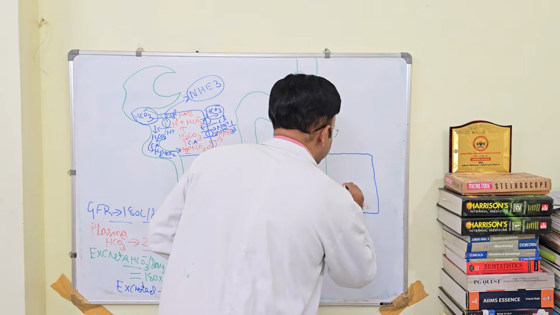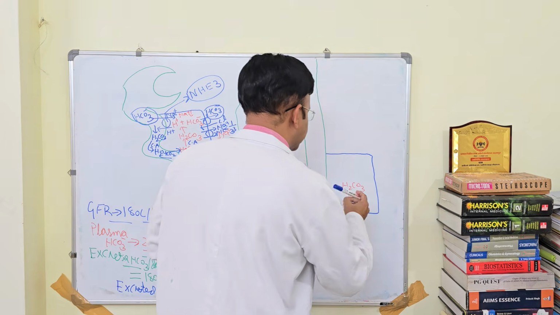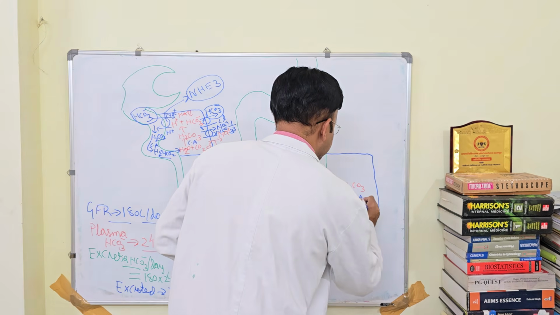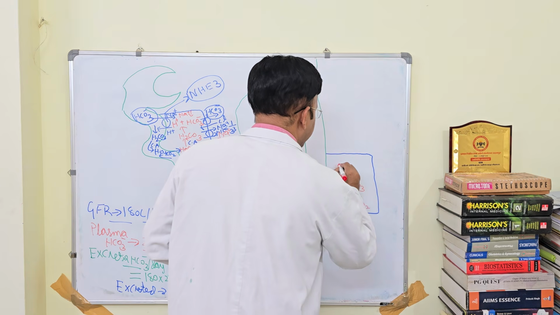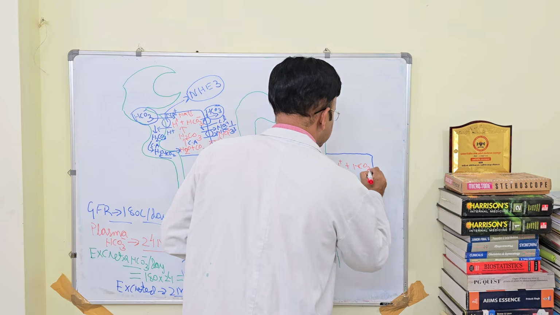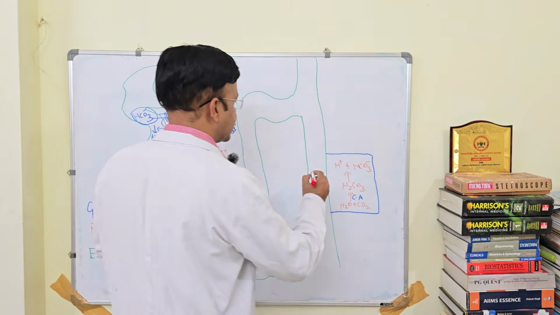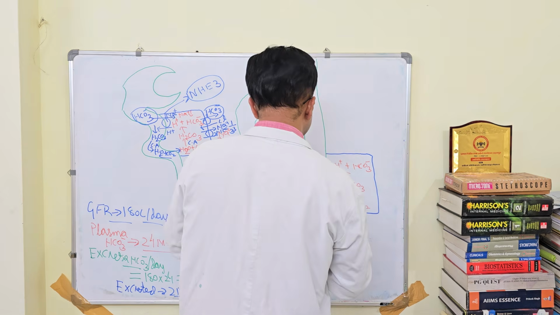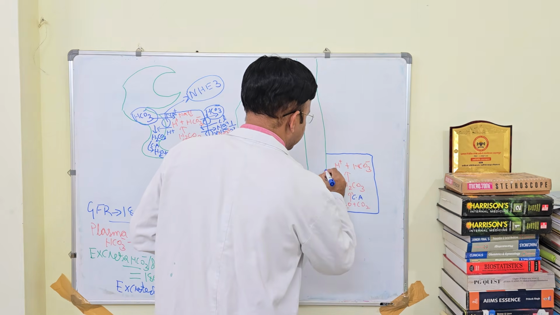Again H2CO3 will be formed with the help of carbonic anhydrase, right? Again this will break down into H plus and bicarbonate, right? Now this H plus can get excreted on this side with the help of two transporters, right?